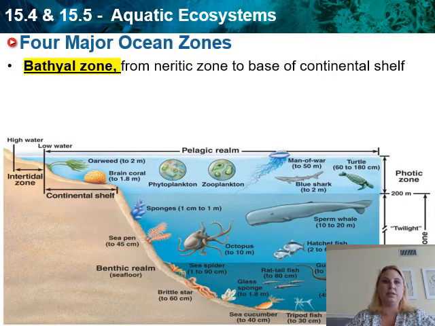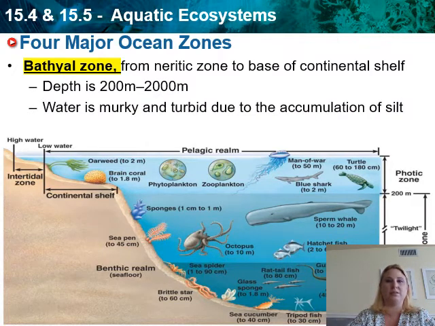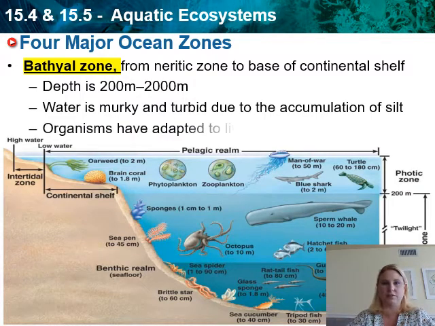Next zone is the bathyal zone. This goes from, so there you can see in this diagram that continental shelf, from the neritic zone to the base of the continental shelf. Okay. Now our depth in this area is 200 meters to 2,000 meters. The water is murky and also turbid, so it's not very clear due to the accumulation of different silt on the bottom of this.